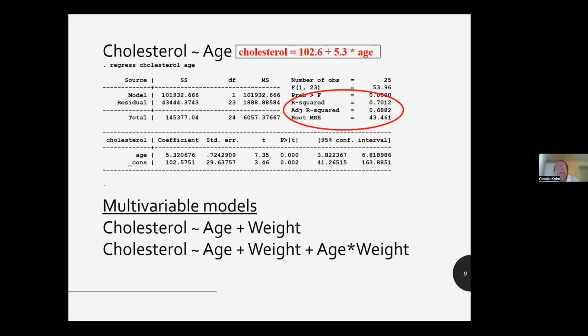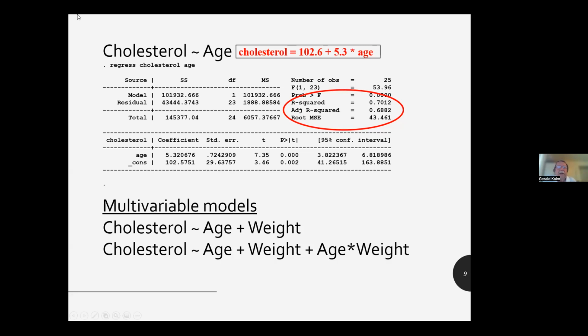And then the second table is our regression table with our regression coefficient and the constant. You can see here that we get our constant at 102.6 and our regression coefficient of age of 5.3. As we've said before, that tells us that for every 1 year increase in age, cholesterol goes up by 5.3 units.